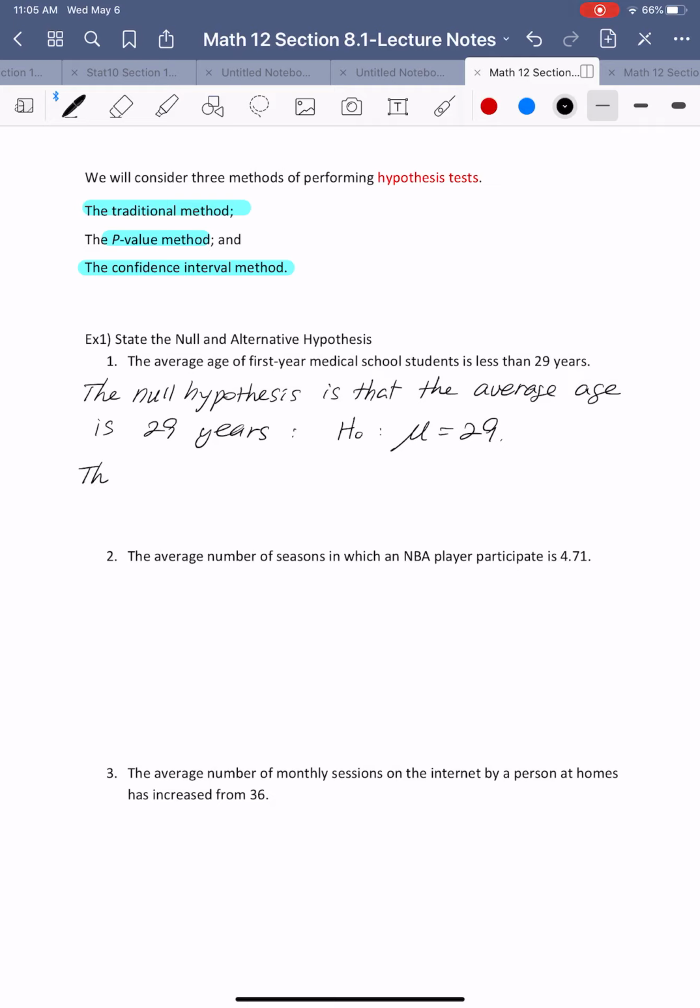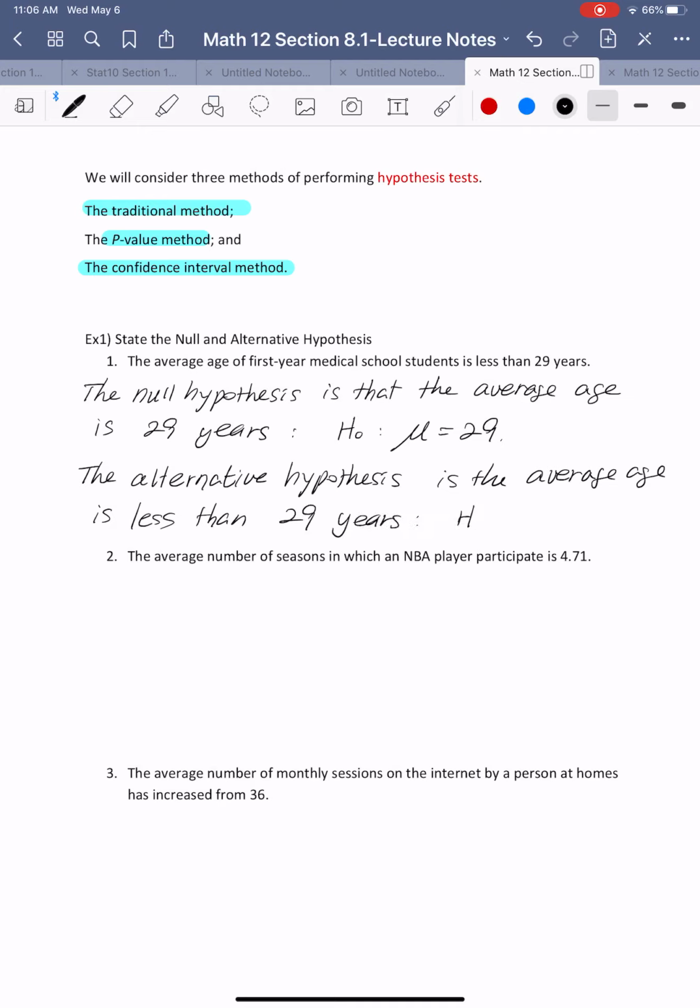For the alternative hypothesis, the average age is less than 29 years, which is H sub 1: mu is less than 29. So this is how you state the null hypothesis and alternative hypothesis.